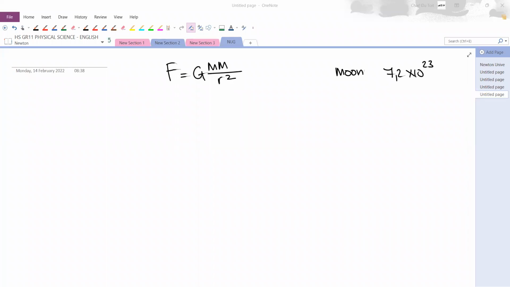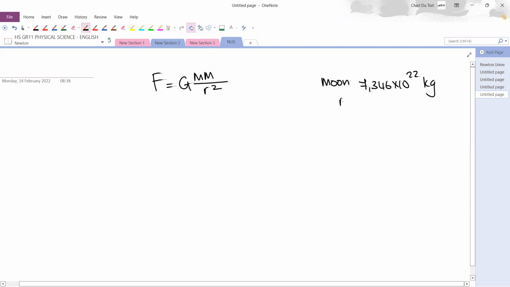The mass of the moon is 7.3. I'm not really far out, actually. It's 7.346 times 10 to the power of 22 kilograms. 100 times less than the Earth. And the radius of the moon, that would be much less.